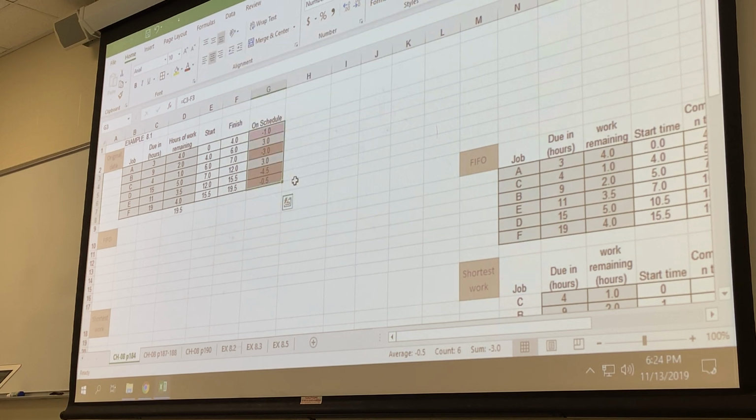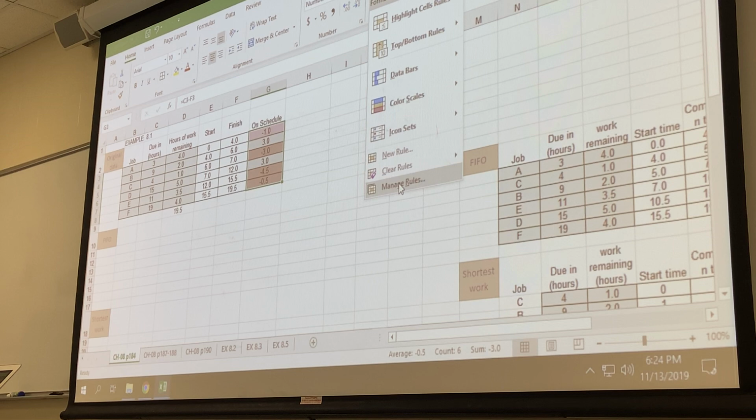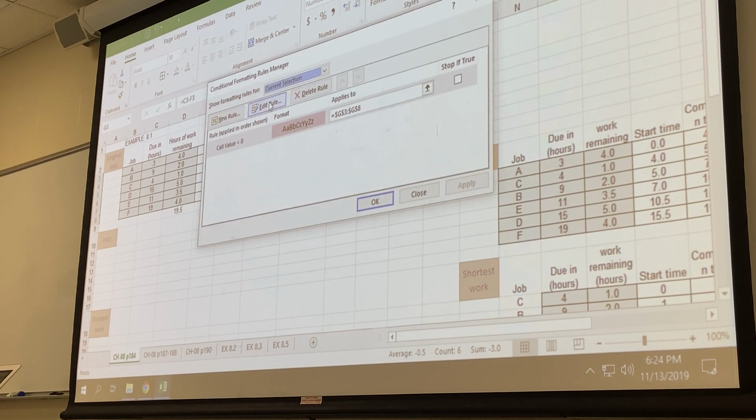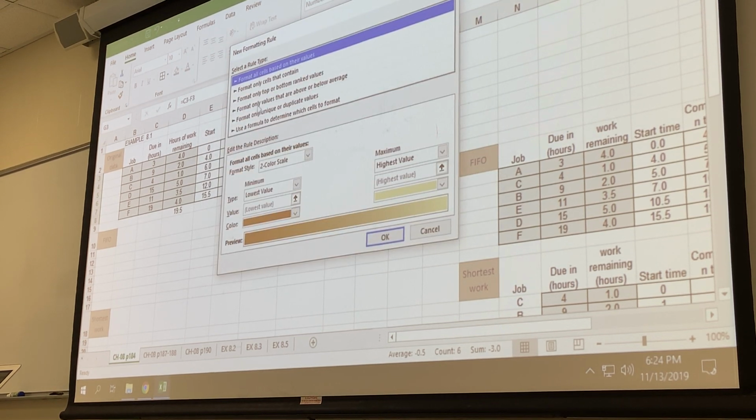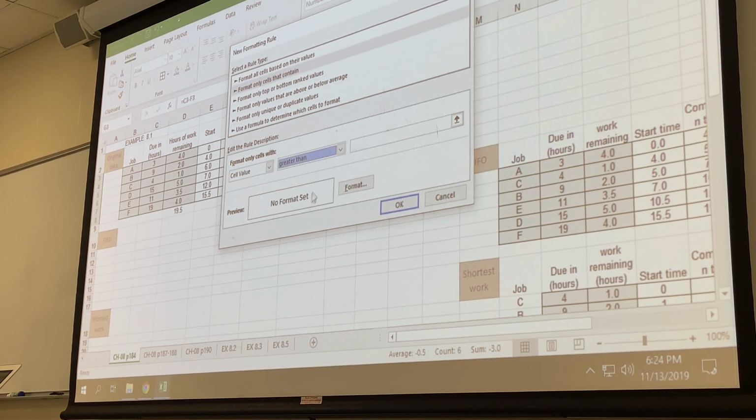Then I'm going to add another rule, manage rules, new rule. Cells that contain, if it's equal to or greater than 0, then that's a good thing.